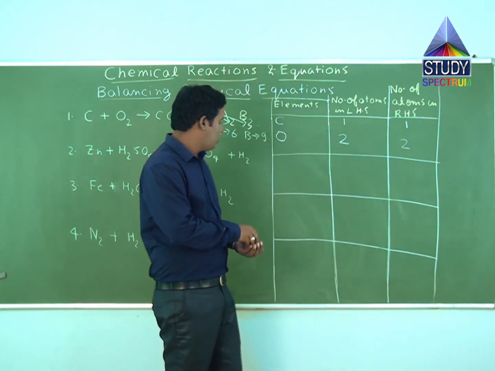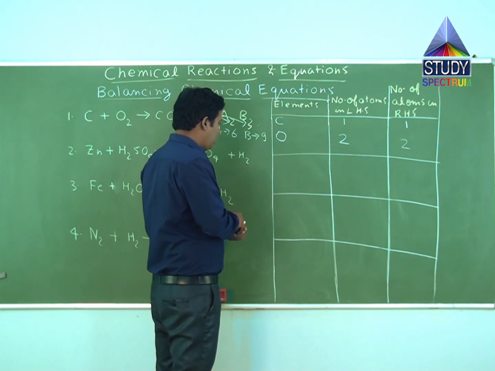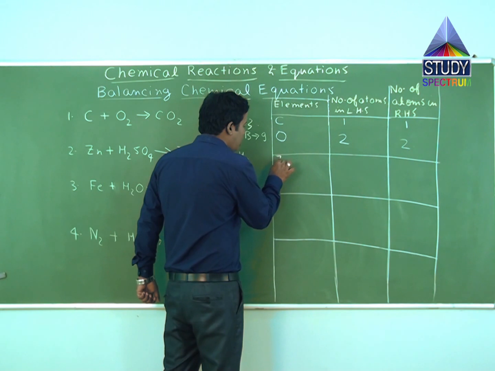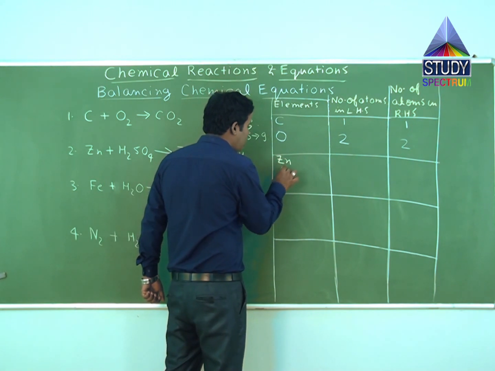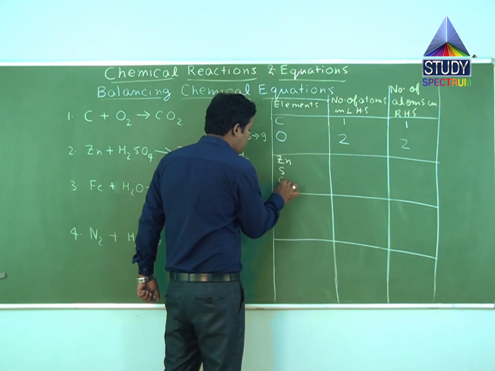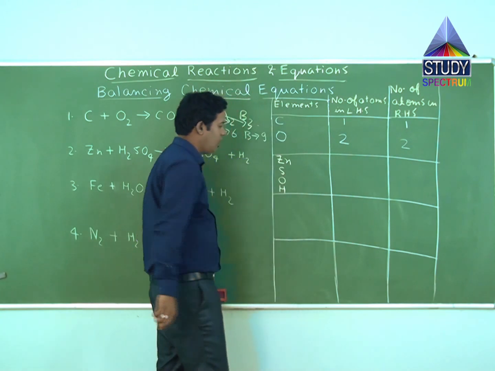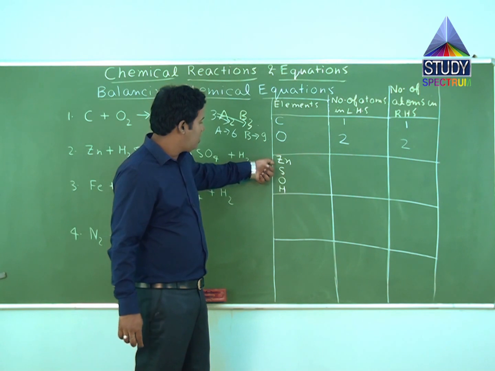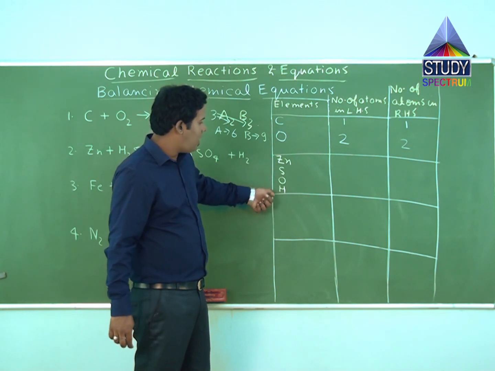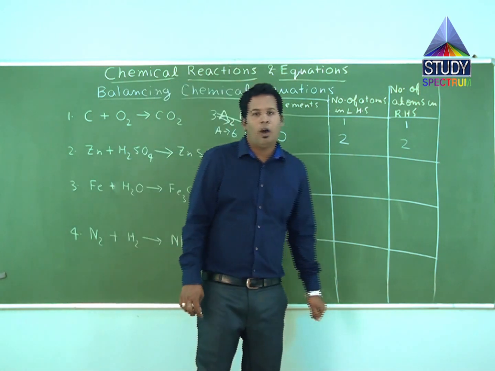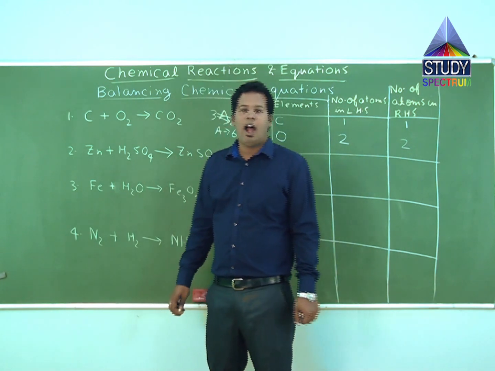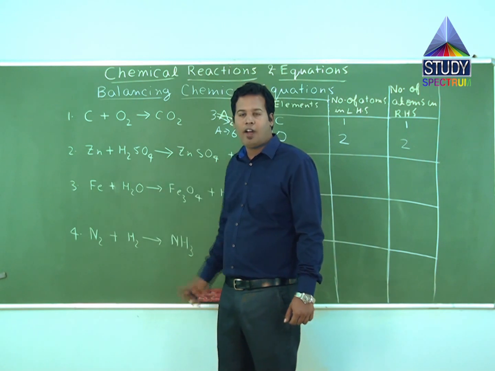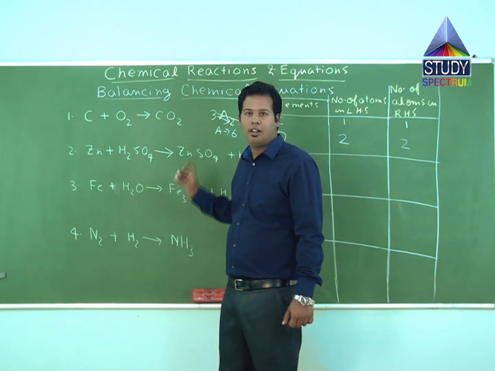So let us write the names of the elements in this equation: zinc, sulfur, oxygen, and hydrogen. Now let us count the number of atoms of each element in LHS first, and then we will count the number of atoms of each element in RHS.